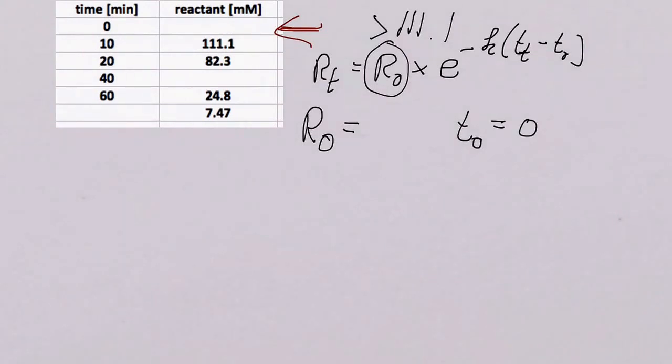What's R_0? We don't know, question mark. For R_T and T, we can choose basically what we want. I usually go for something that I've calculated previously, so I would go for 24.8 and 60.